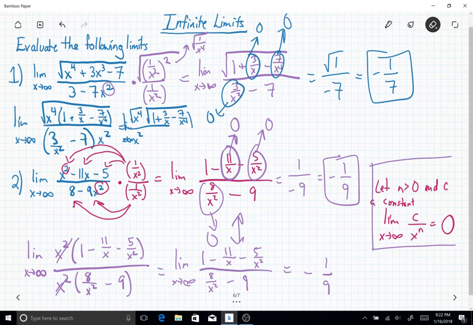And then we have x squared, and then 3 over x squared minus 7. Okay. And notice what will happen. This becomes x squared, and that'll cancel with that, and you're left to finish off the problem.